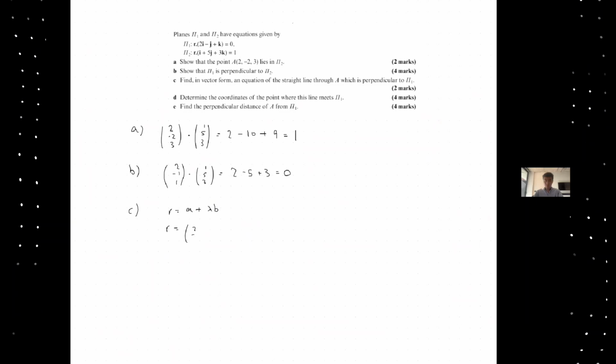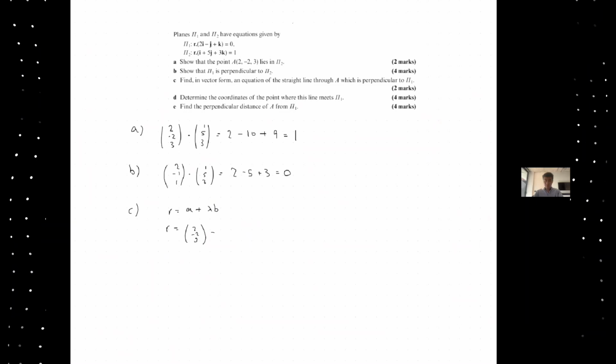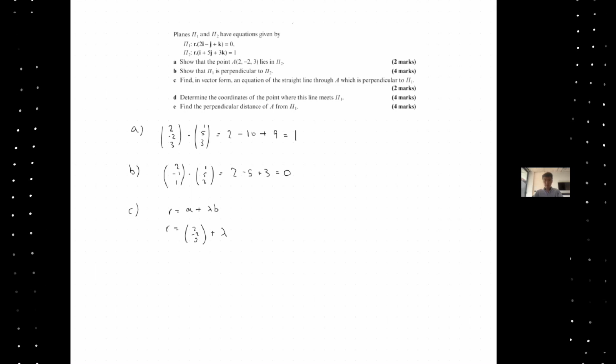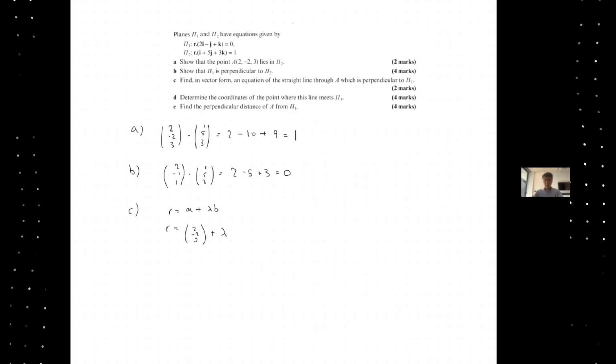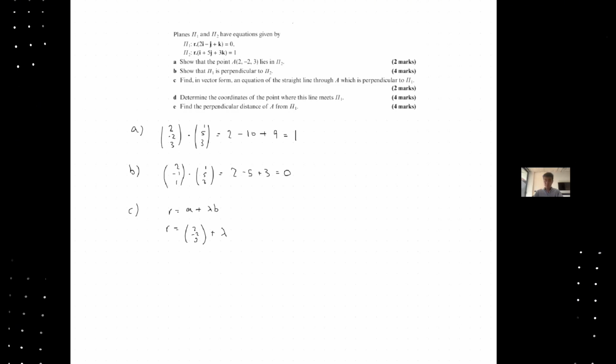So for a, that's going to be (2, -2, 3) plus lambda. Now, this is the direction, right? We look back: it goes through A, and we know the normal vector, essentially the direction of the plane. We know this to be (2, -1, 1), and that could be our b.